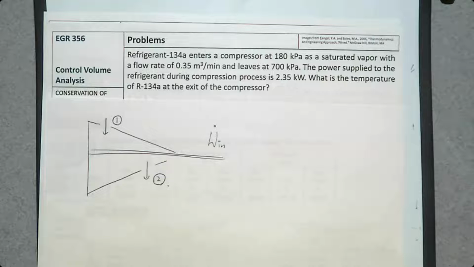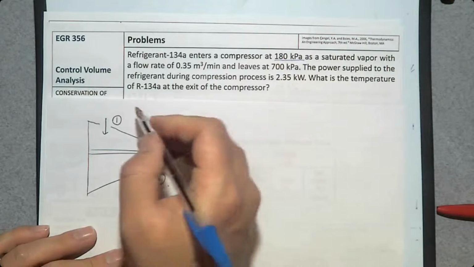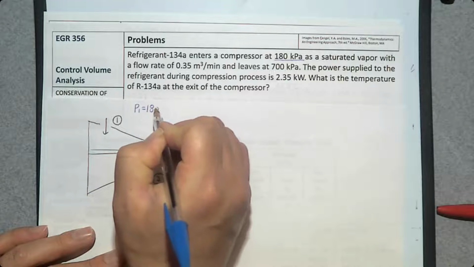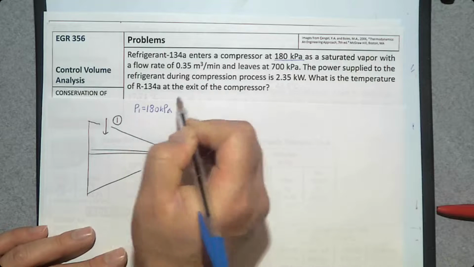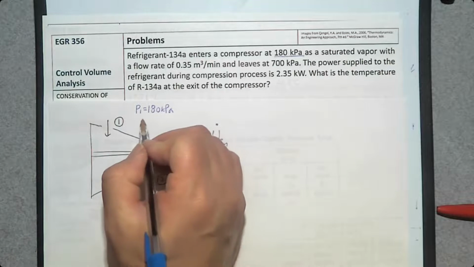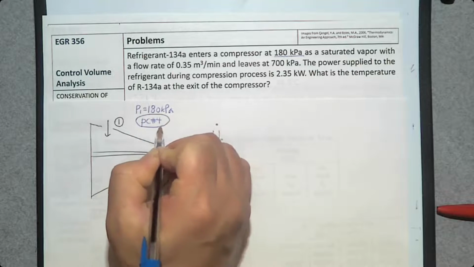Okay, so then what do we know at the inlet? P1 is 180 kilopascal, and it is saturated vapor.